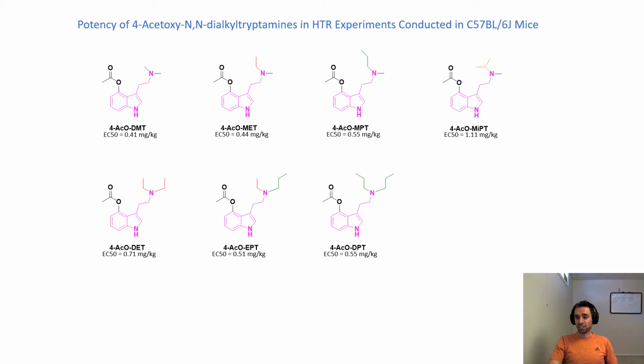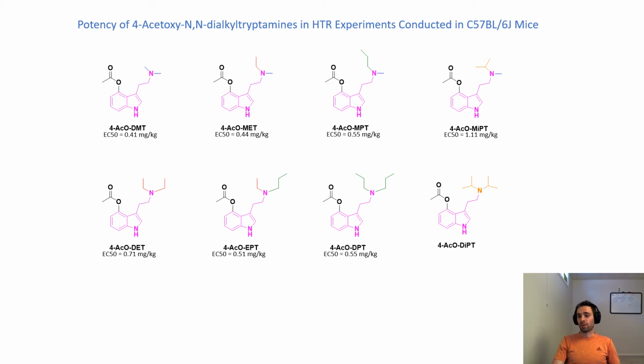With 4-ACO-DPT, we change both the groups to propyl groups, and the potency from 4-ACO-DET to 4-ACO-DPT, quite interestingly, increases, which is different from before, indicating that if we go from a diethyl to a dipropyl, for whatever reason, the potency increases when you have the ester functional group in the 4 position. Not exactly sure why. Definitely something interesting going on there.